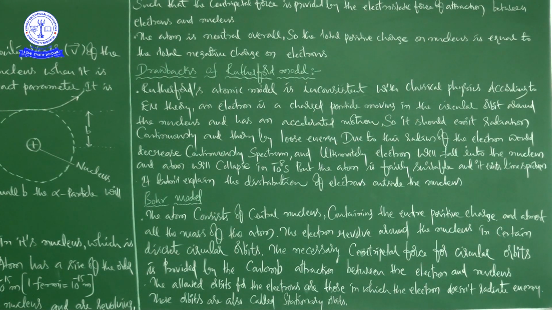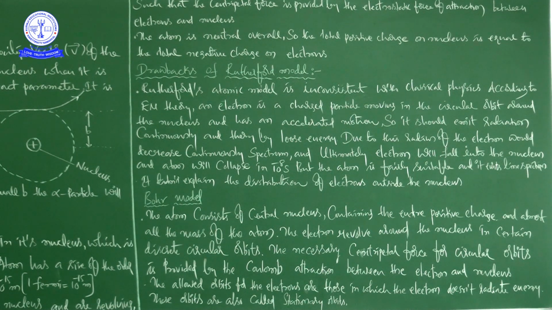Thereafter, what would happen actually? Due to this, the radius of the electron would decrease continuously, and ultimately the electron will fall into the nucleus.